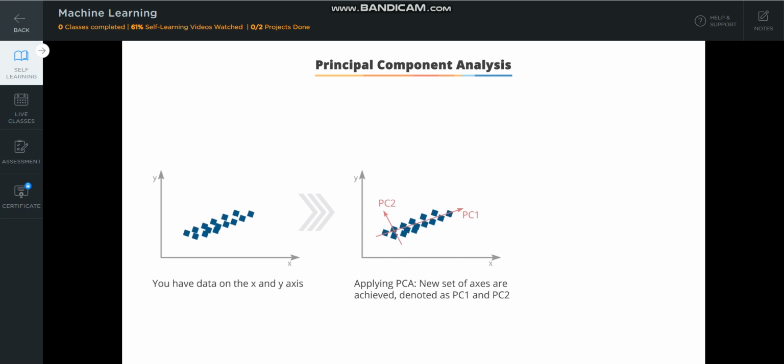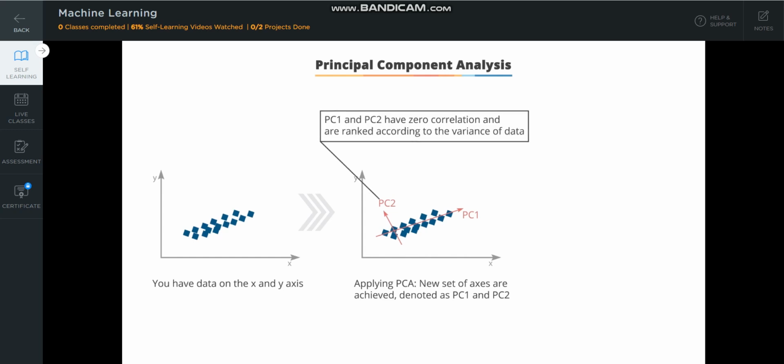They are orthogonal to each other as well. This means that the obtained principal components PC1 and PC2 will have zero correlation and are ranked according to the variance of data. The data around PC2 is projected along PC1 to ensure that no variance is lost.